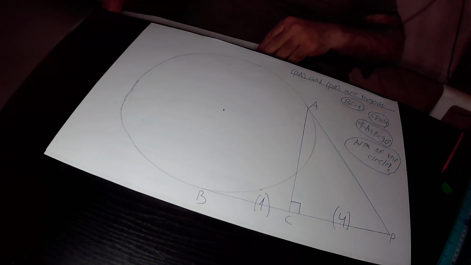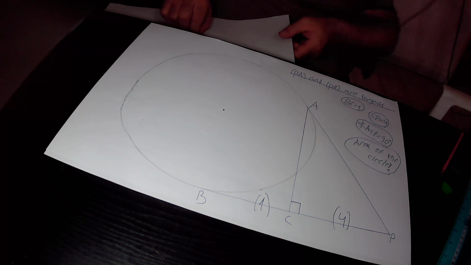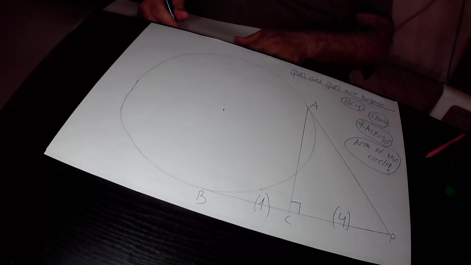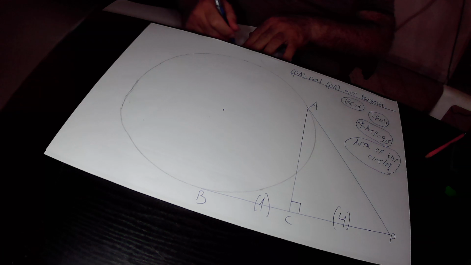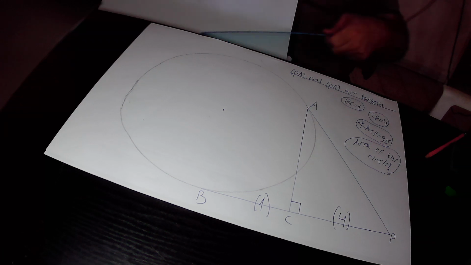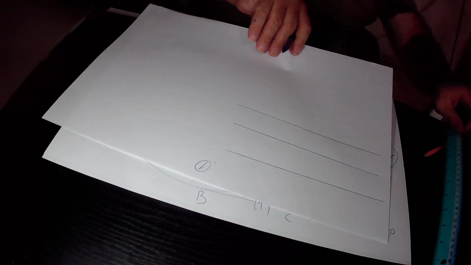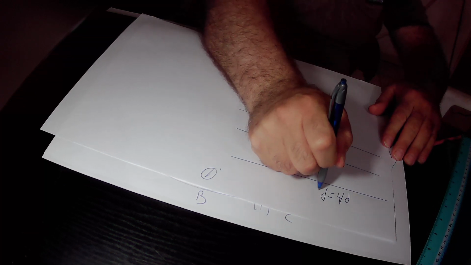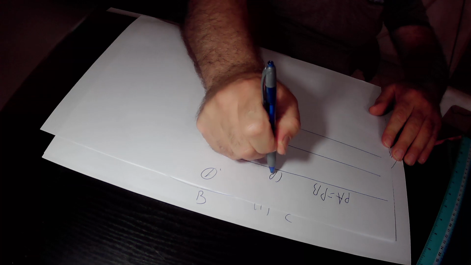So I write it down: PA equals PB according to rule 2.